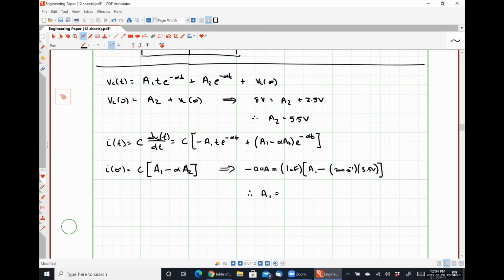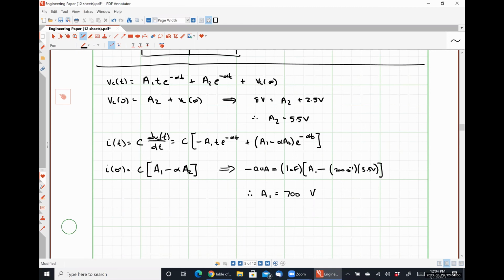Negative 0.4 is equal to 0.001 multiplied by my unknown minus 200 times 5.5. Solve for x. A1 is equal to 700 volts. Okay.